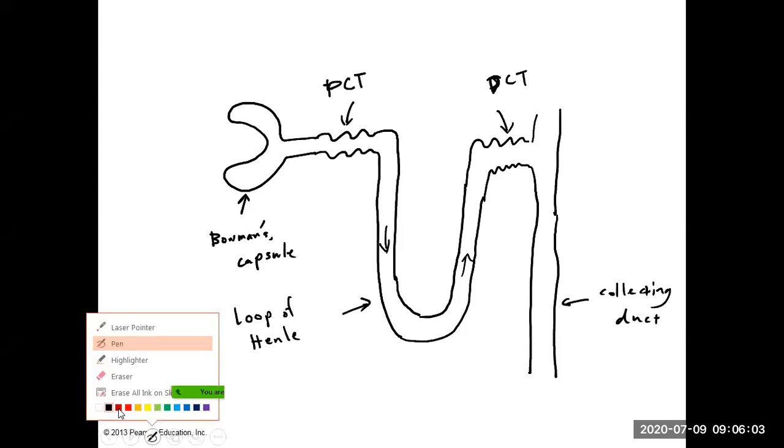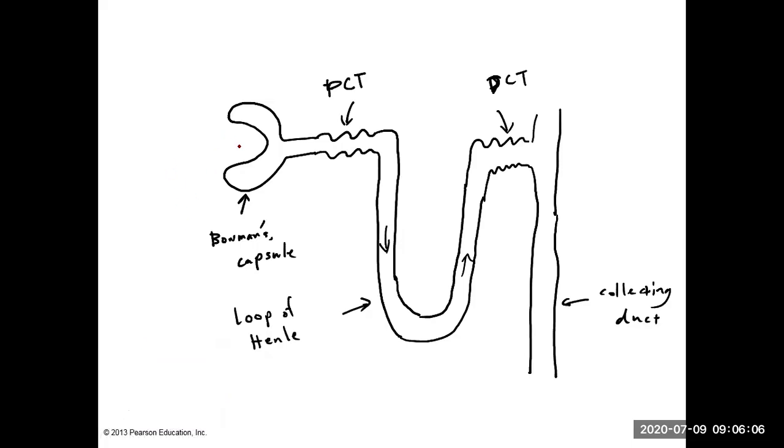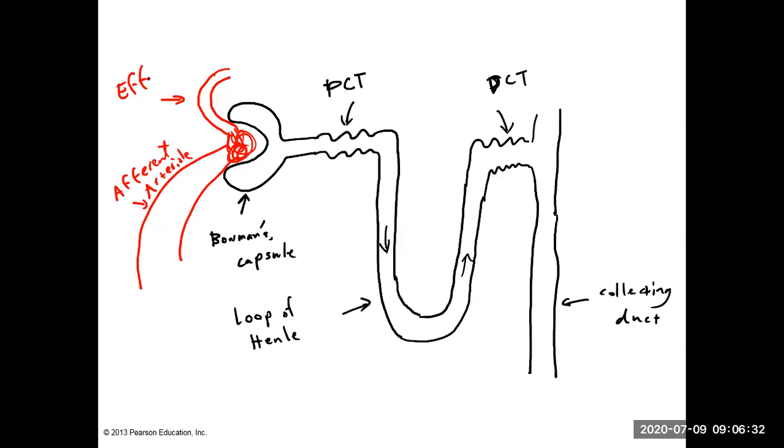The blood vessel that comes in here is the afferent arteriole. And the efferent arteriole is a little bit smaller in diameter. If you recall, the efferent arteriole has a smaller diameter.